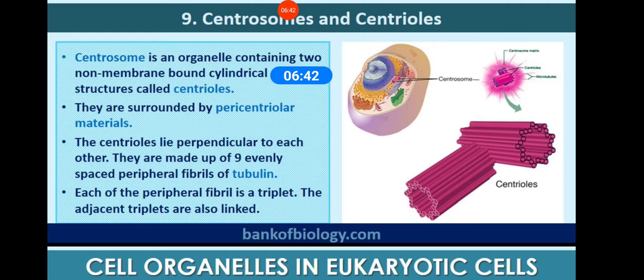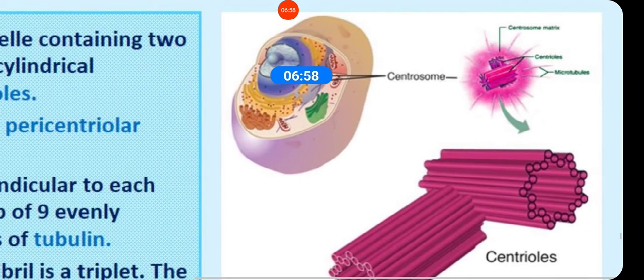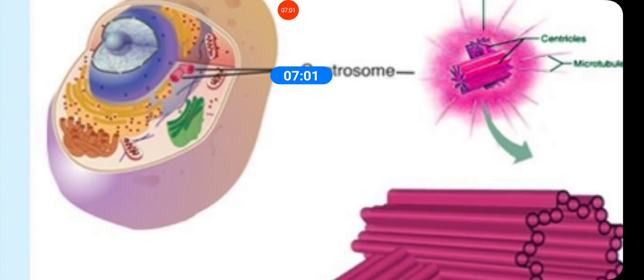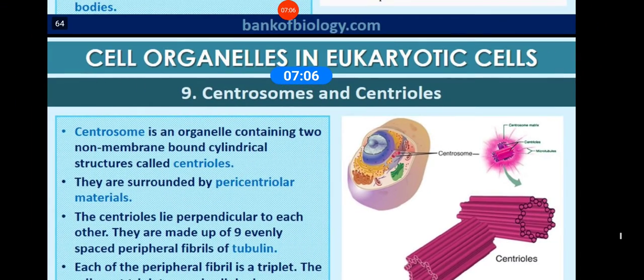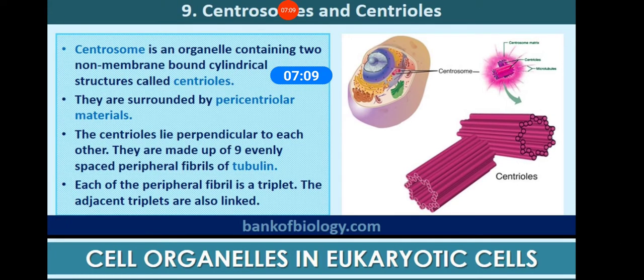We have studied in the chapter on cell division that when they are on one pole, it is called a centrosome, but later on they divide and go to the opposite poles, and are called centrioles, and they are surrounded by microtubules. Otherwise, the single one is called a centrosome, an organelle containing two non-membrane bound cylindrical structures called centrioles.